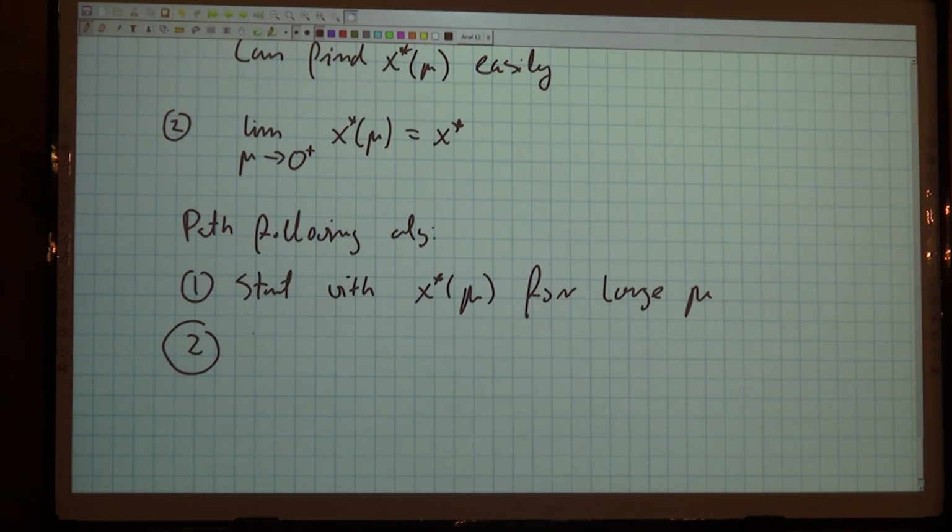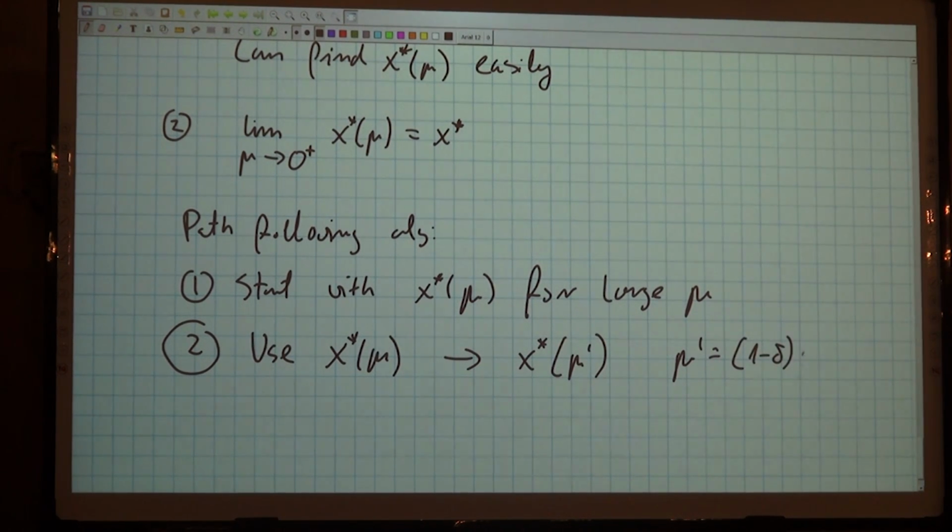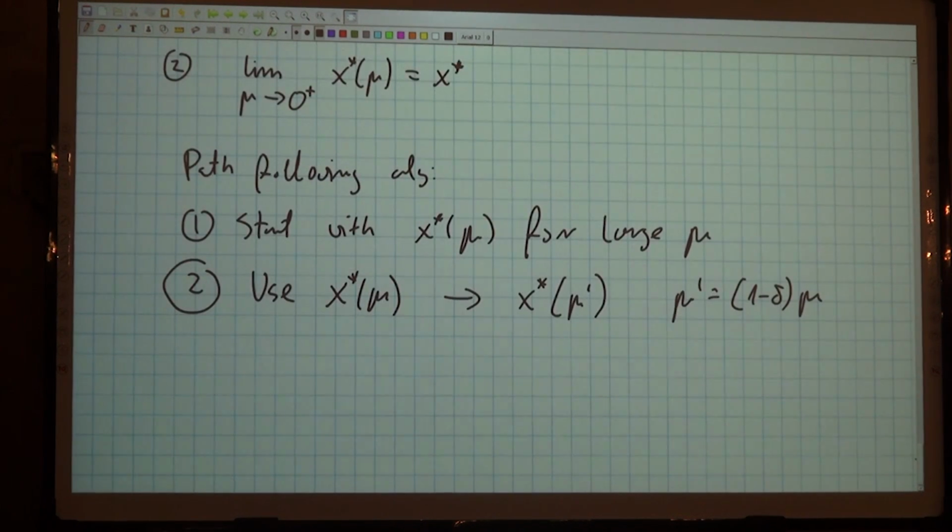So I use x star mu for some value of mu, and what I want to get from it is x star mu prime, where mu prime is 1 minus delta times the old mu. Essentially I start with some solution, then based on that get a solution for a slightly smaller value of mu, then again and again until the mu is sufficiently small that I'm actually happy with it.